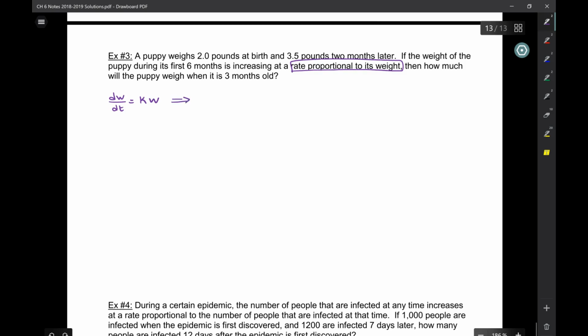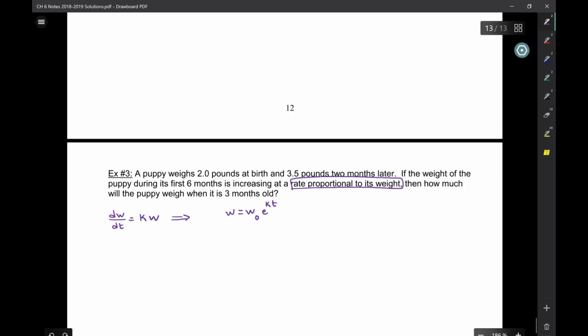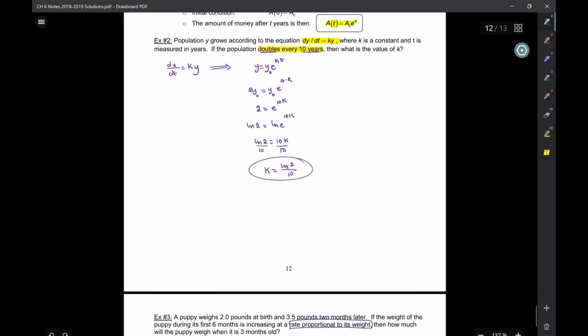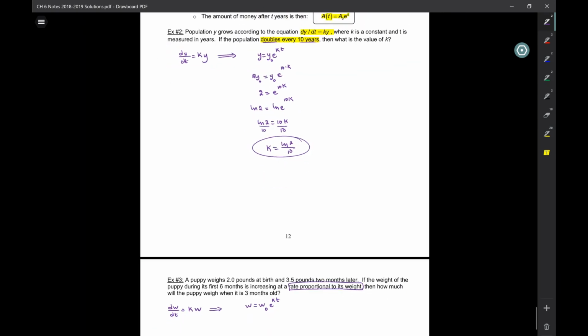Now that is solved, when you solve it behind the scenes, I get this variable W equals W naught e to the kt. So you see how it's automatic, right? If we compare it to what we did before, I have dy/dt as ky, y equals y naught e to the kt.